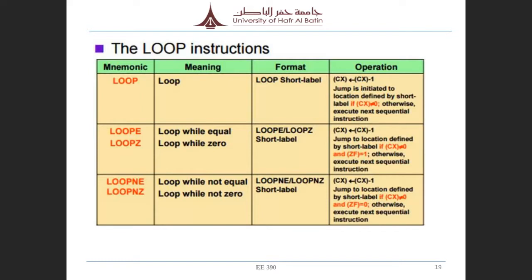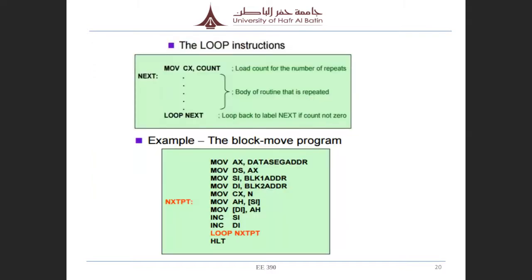Now there are some loop instructions. One is called LOOP, which we already use, and sometimes we can also use loop equal, loop while zero, and loop not equal, loop not zero.